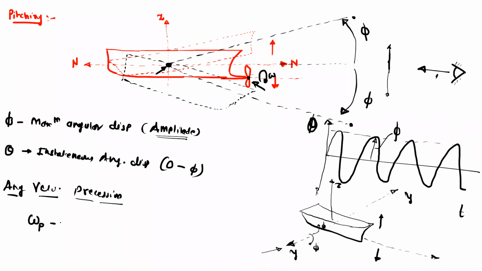So that velocity we can find out as omega p, and this is equal to the differentiation of this theta.